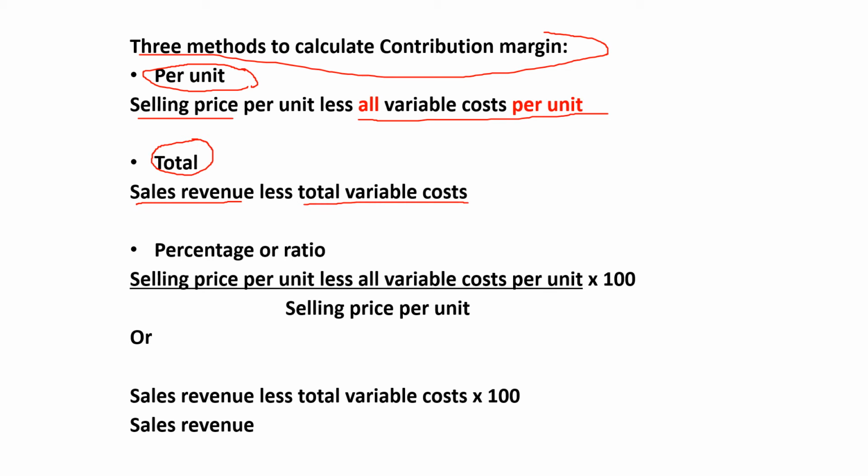If it's a percentage or a ratio, you can use either per unit figures or in total. If you are using per unit figures, it's going to be your selling price per unit less all your variable costs per unit multiplied by 100 divided by selling price per unit. Number 2, sales volume less variable costs multiplied by 100 divided by sales revenue also gives you contribution margin percentage or ratio.